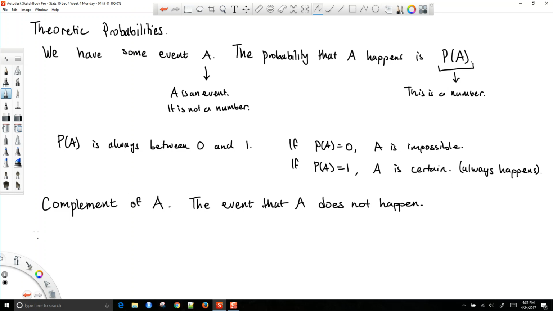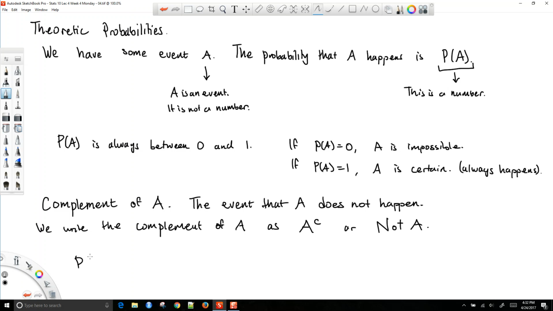Okay, so we write the complement of A as A complement or not A. Okay.